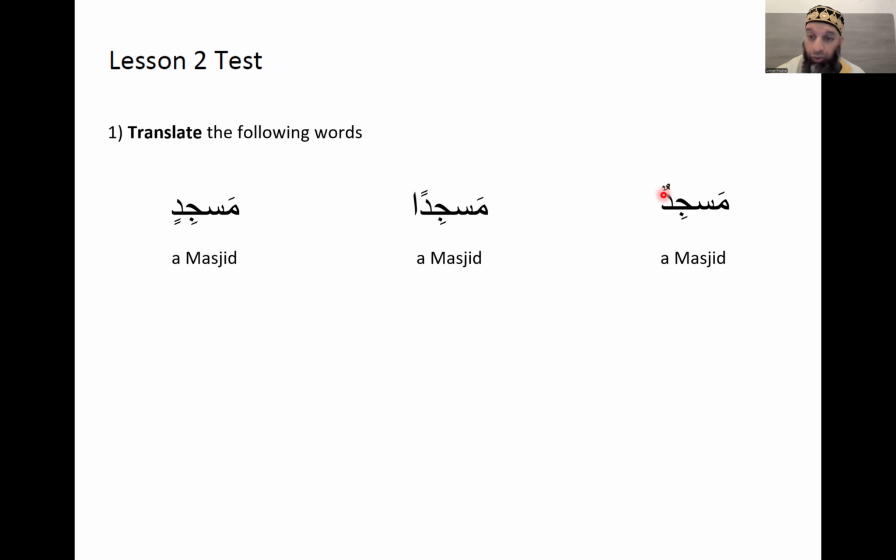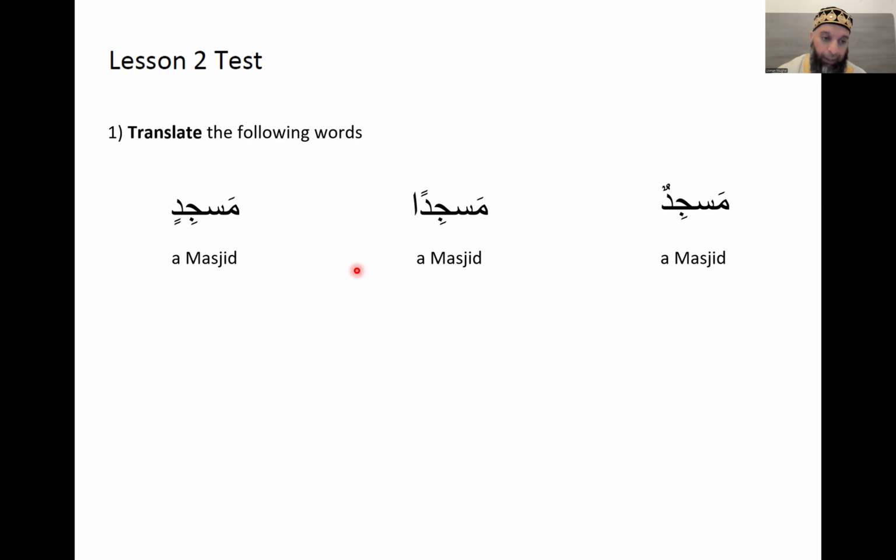So you would say masjidun, default. You may sometimes say masjidan in a sentence. Sometimes you may say masjidin in a sentence. But all of these three words, regardless of their ending, mean a masjid.